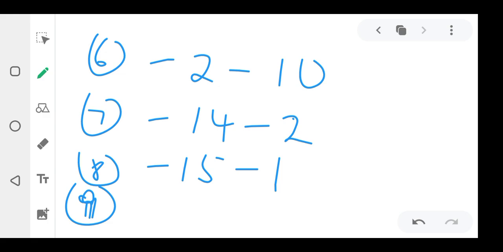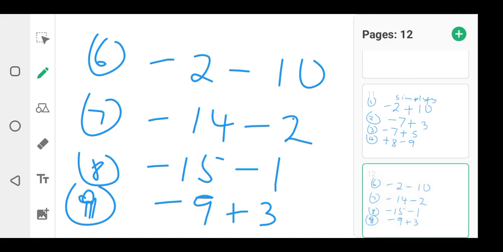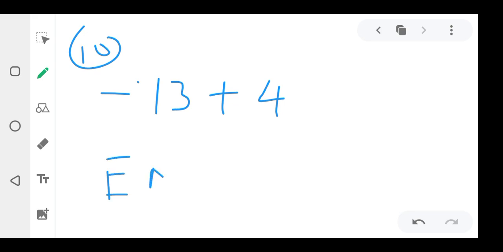Negative 9 plus 3. Okay? Then lastly, which is question 10, it is negative 13 plus 4. That's the end. So write that exercise.